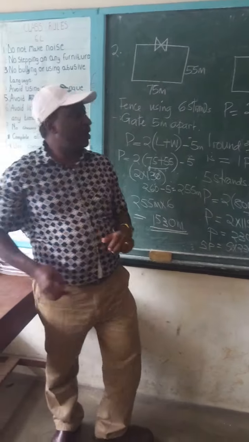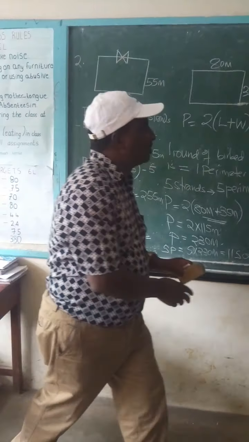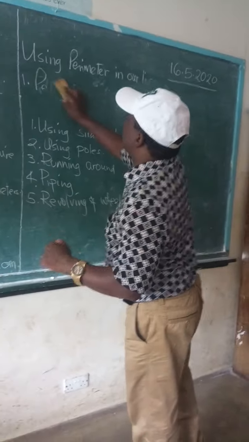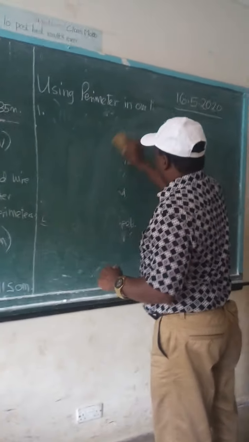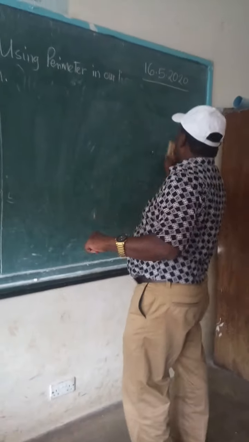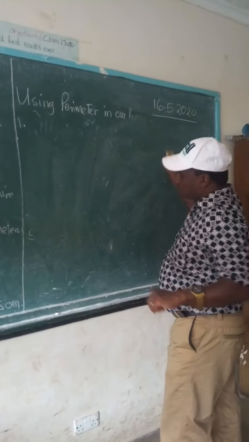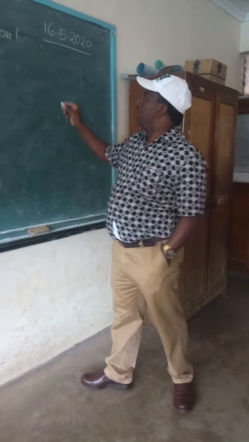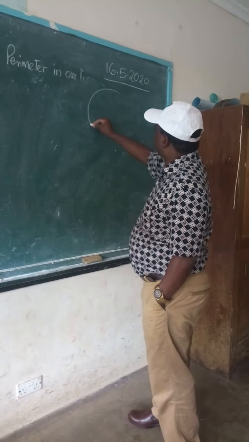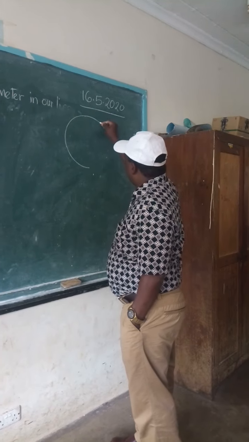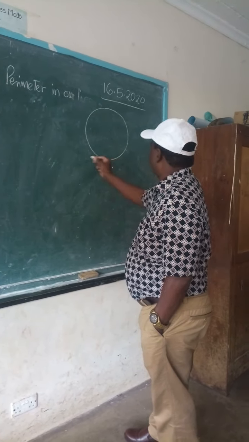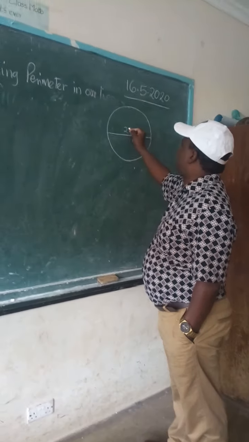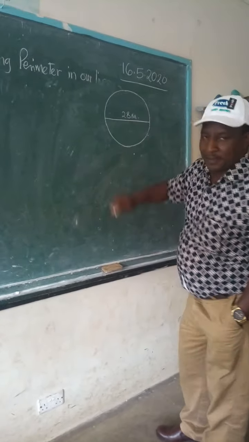Then we now want to move to a circular figure. Sometimes there are swimming pools that are circular. You may also decide to have a circle that will help you to do something. So I have a circle here, and it has a diameter of 28 meters.